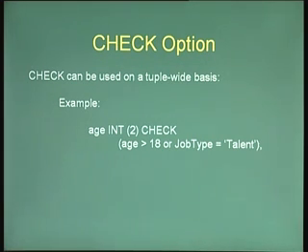Or there could be children employed by the company as long as the job type is based on encouraging the child's talent. Therefore, you can either perform a check on the age field which says age should be greater than 18, or if age is not greater than 18, you can check a separate attribute called job type to see whether it is set as talent in this particular tuple.